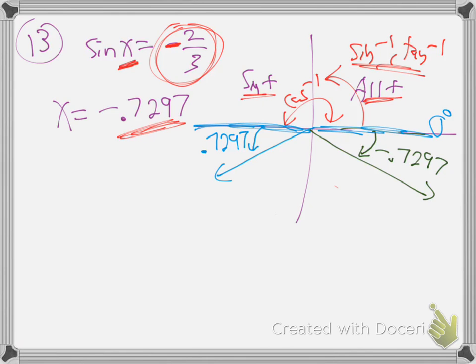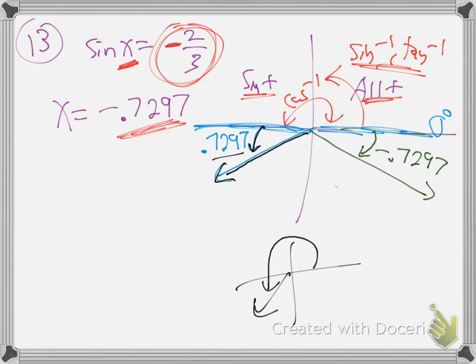So that means that we're looking for this angle here in the third quadrant. Now, when I say that angle there, you think, well, there it is right there. It's just, Mr. Heron, it's just 0.7297. No, that's not the actual angle. As I just said, if I put an angle in the fourth quadrant, the actual angle starts from 0 and goes all the way there.